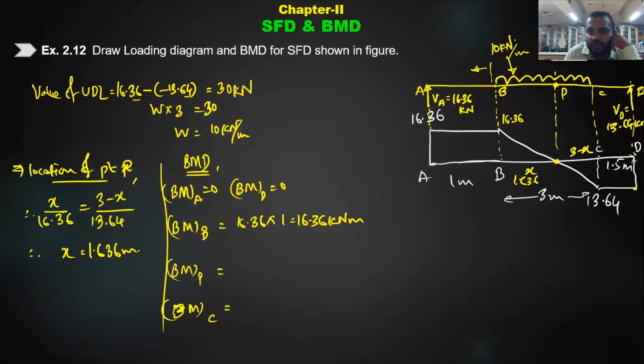बट P पे अगर देखते हैं तो दो आएंगे, तो वो आएगा 16.36 multiply by how much is the distance, 2.636, राइट. ये 1 उसमें ऐड हो जाएगा ना, अभी ये 1 मीटर इसमें ऐड हो जाएगा. So 2.636 minus 10 multiply by this would be again 16.36 into the distance will be 1.636 divided by 2.